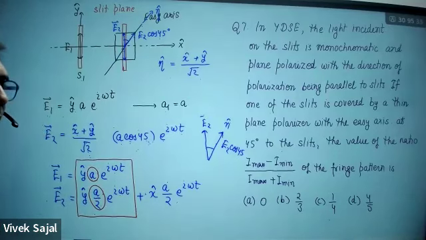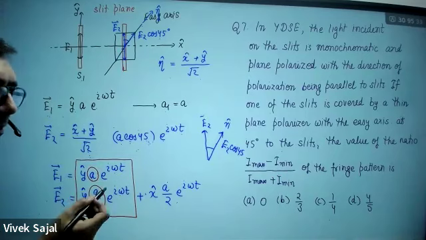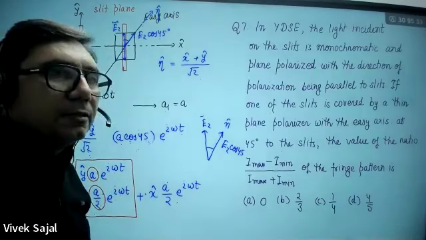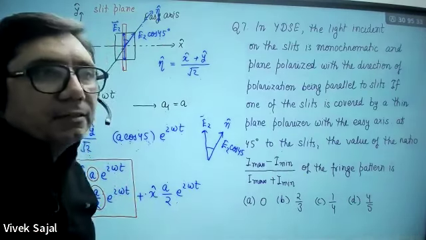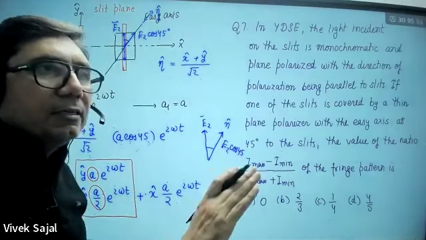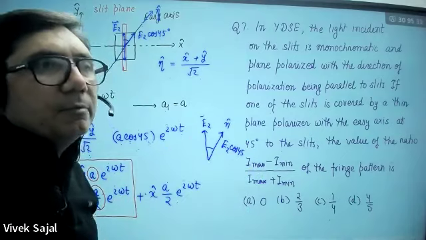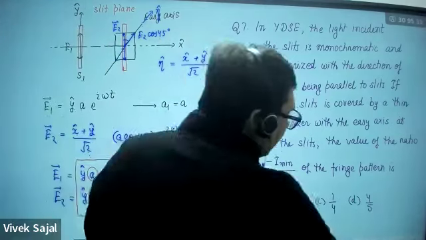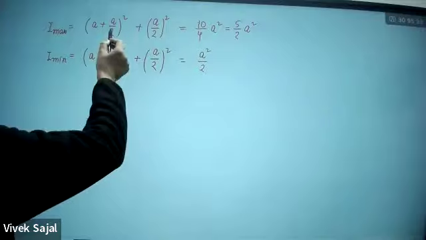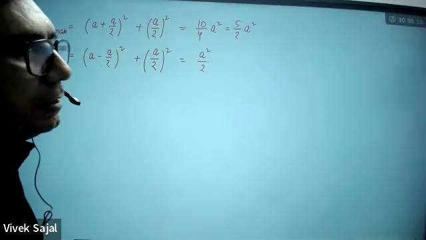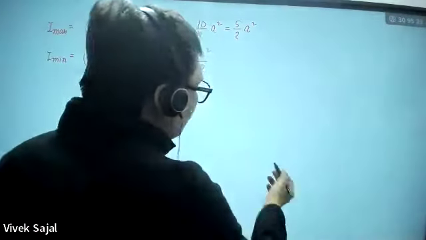So first I have written the intensity that is going to come into the picture due to interference. At some points due to interference you are having maximum intensity, at some points you are having minimum intensity. What are those maximum and minimum intensities? This and this. Now, there is one more source.